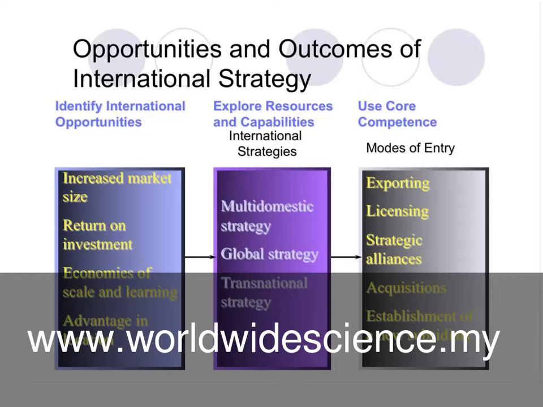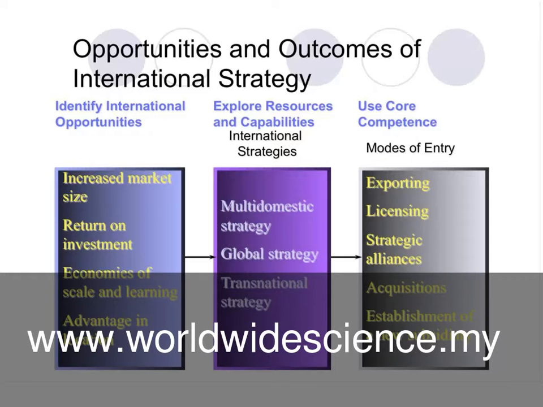So we talked about core competence, and we have exporting, licensing, a strategic alliance, acquisition, and establishment of new subsidiaries. Basically, you would export, you would license your other branches or make strategic alliances with other companies when you are internationalizing your company.